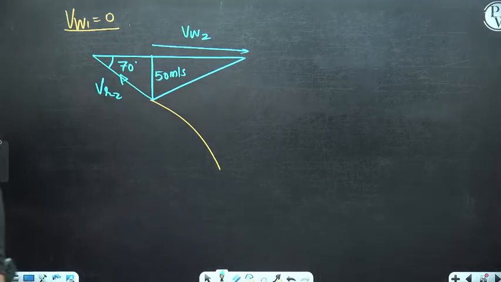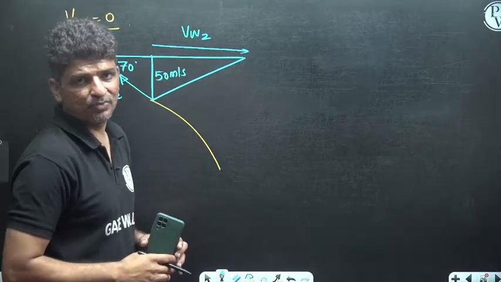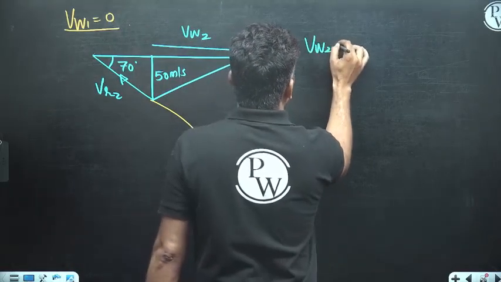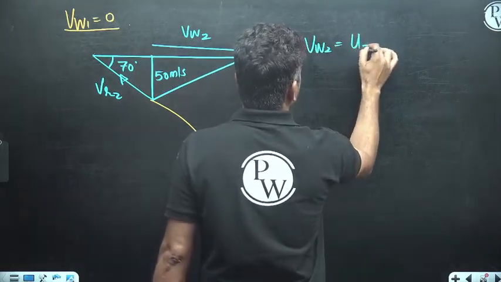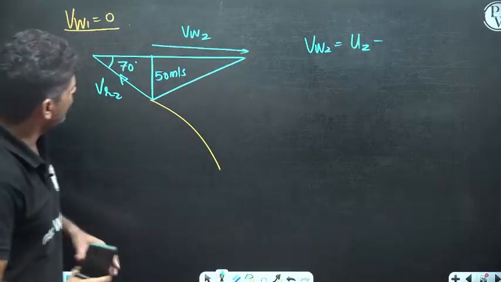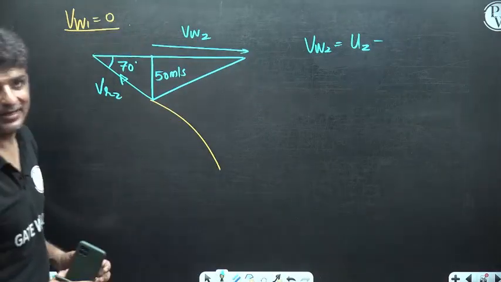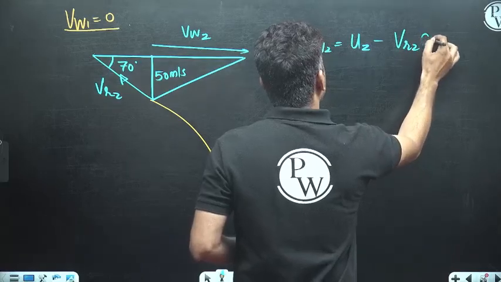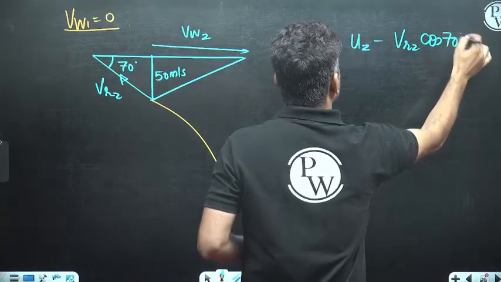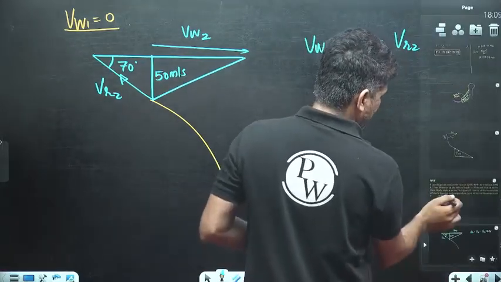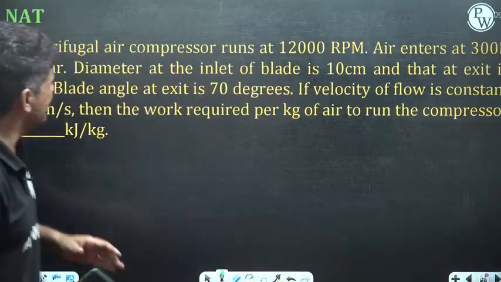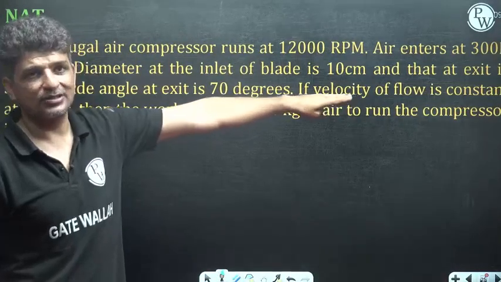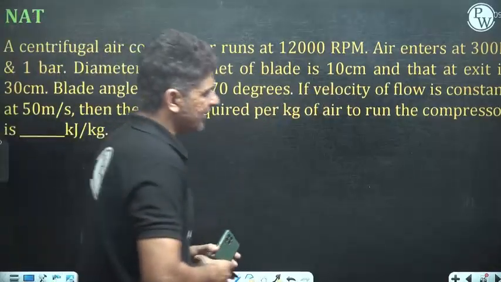So now how do we calculate VW2? VW2 can be written as U2 minus VR2 cos of 70 degree. Or it can also be written that, if you see over here, velocity of flow is constant, so 50 meter per second is given.